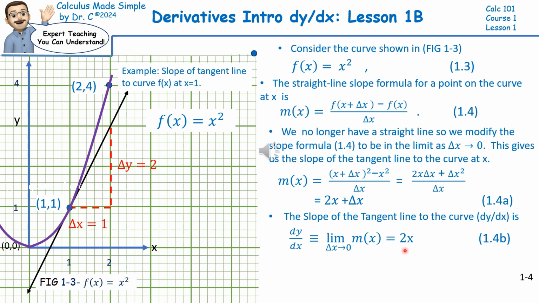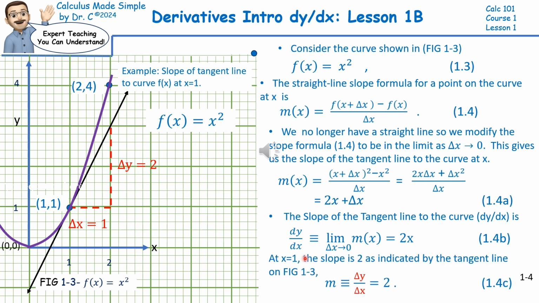So we just use the d value, dy dx, for the slope, and we take the limit as delta x approaches 0 of m of x, and that gives us 2 as we evaluate it up here in 1.4a. And we can see that the slope of this tangent line to the curve at x equal 1, using the normal slope formula, delta y over delta x, is equal to 2 over 1, which is equal to 2.